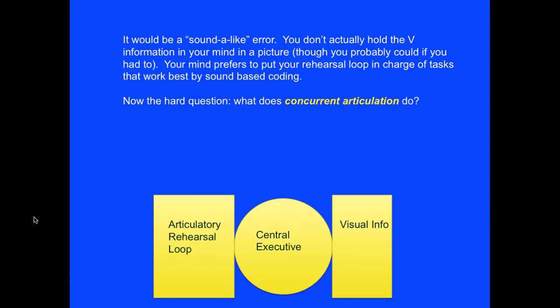In working memory tasks, people have done lots of different kinds of working memory tasks. Let me give you the example of a working memory task in which I read a list of words and ask you to remember them.